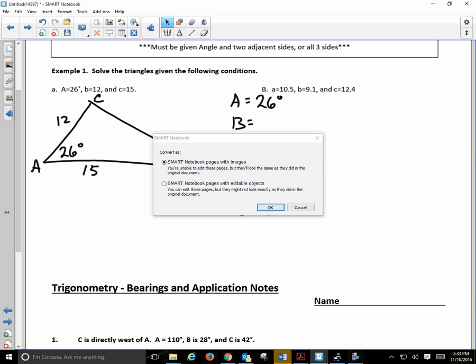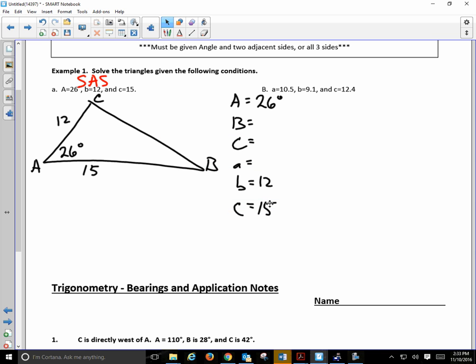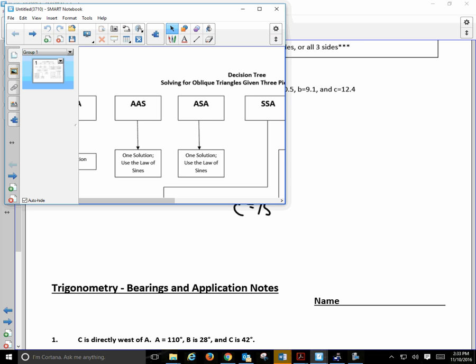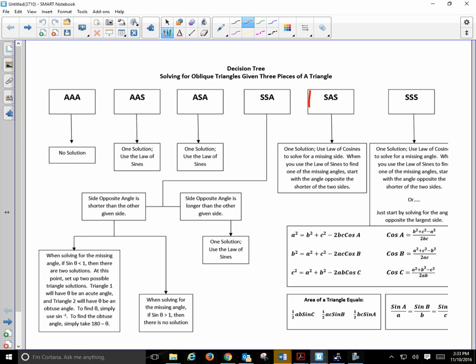So if you're given a side, angle, side situation, you will definitely need to use the law of cosines. As you can see, it's set up right here as my smartboard pulls this up. You can see that side, angle, side sits right here. And it says there is one solution. So we don't need to worry about no solution or two solutions. We are going to have just one solution and use the law of cosines.